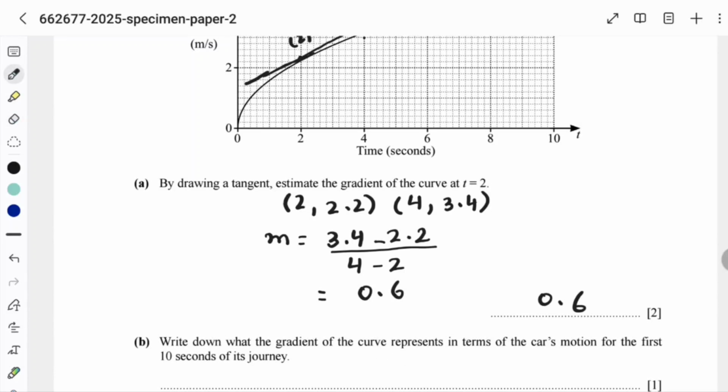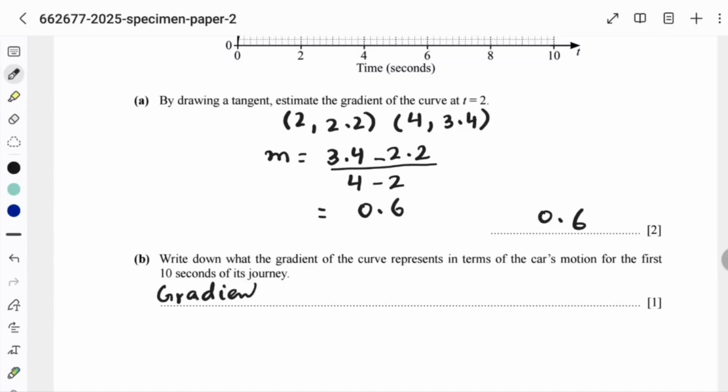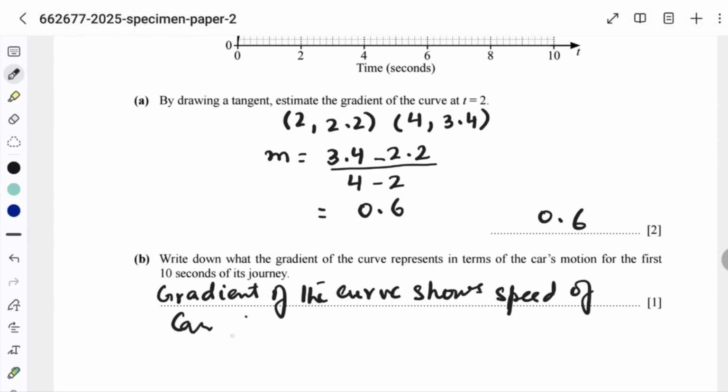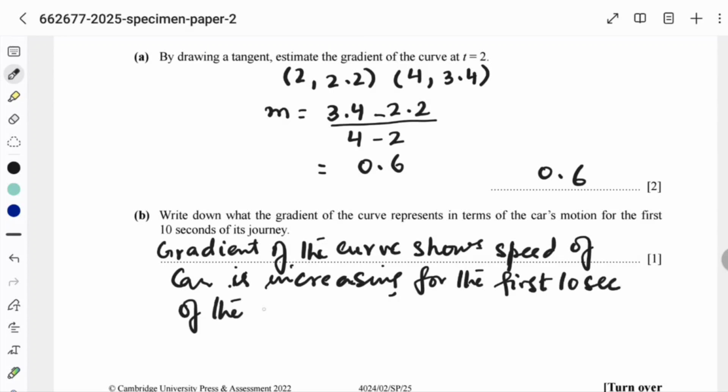So we can write down: the gradient of the curve shows the speed of the car is increasing, for the first 10 seconds of the journey.